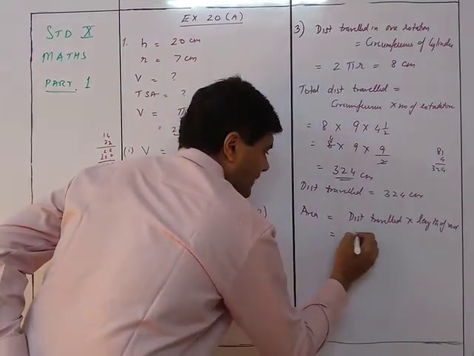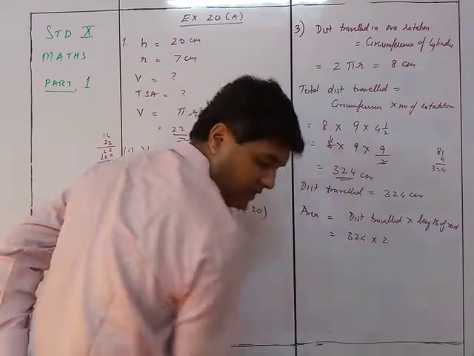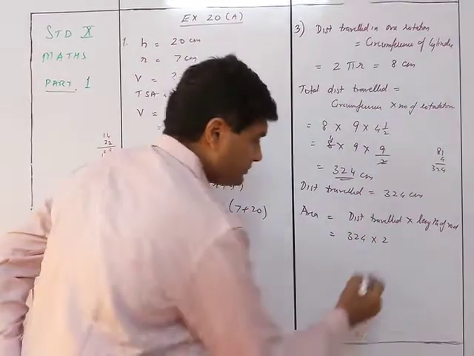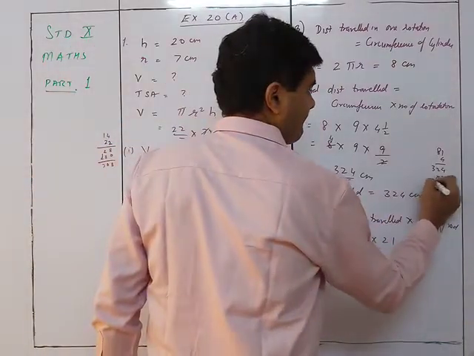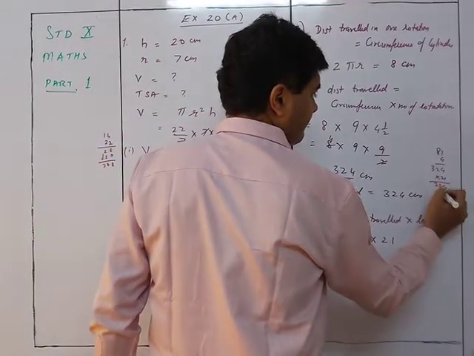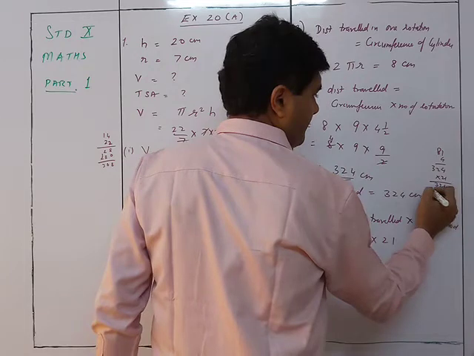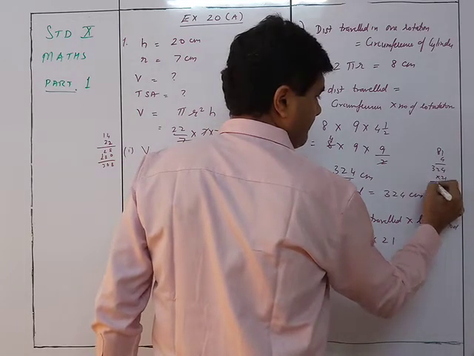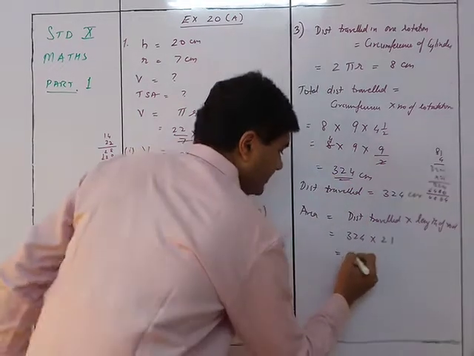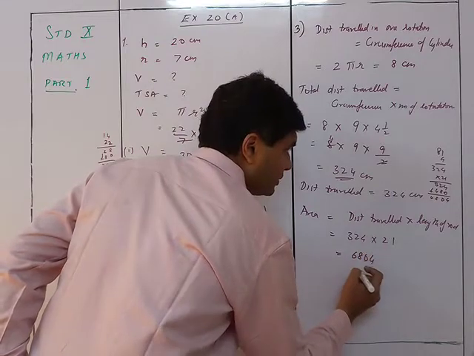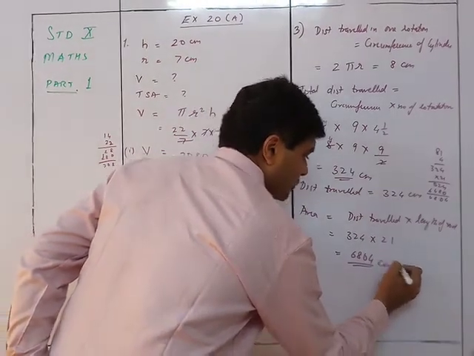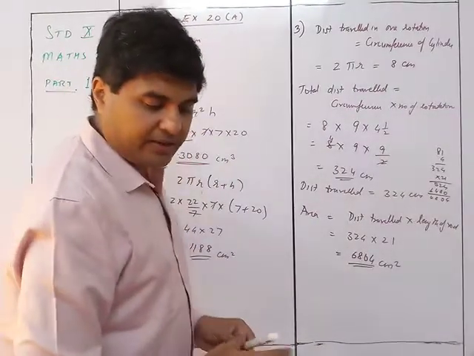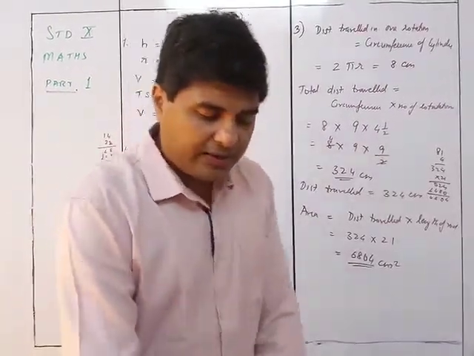So that is 324 into 21, which is 6804 centimeter square. That will be the total area covered in that much time.